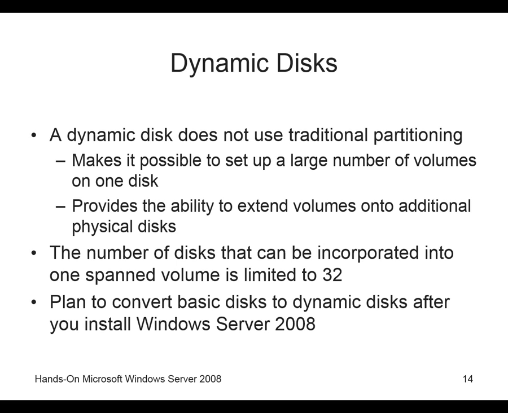Now, a dynamic disk, what is it? It allows you to set up a large number of volumes. Think SAN, okay? And you can extend this volume over multiple physical disks. One span volume, though, is limited to only 32 disks. So in my example, when I said you have 1,000 terabyte drives, you would actually have multiple volumes.